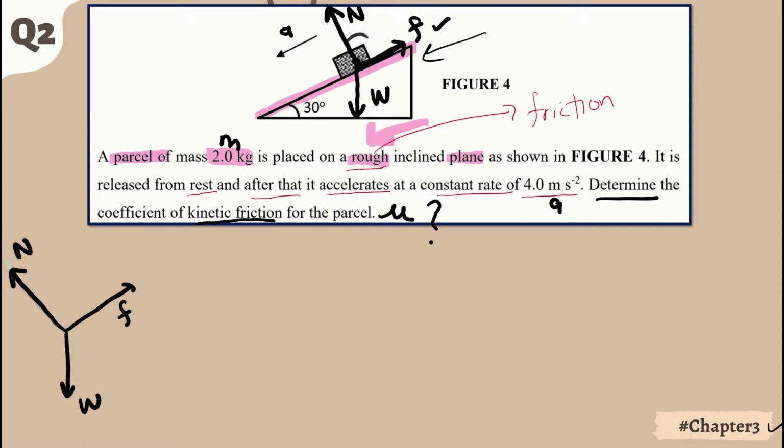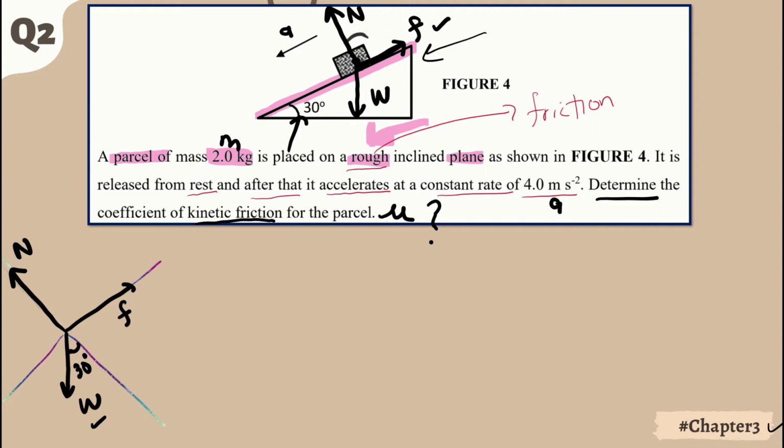If we assume this is our y-axis and this is our x-axis, with the angle of 30 degrees here, then we can see that our W is not lying exactly on the x and y axes. Then we need to resolve.